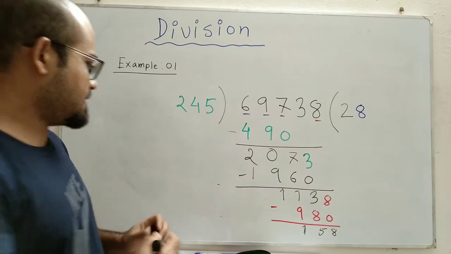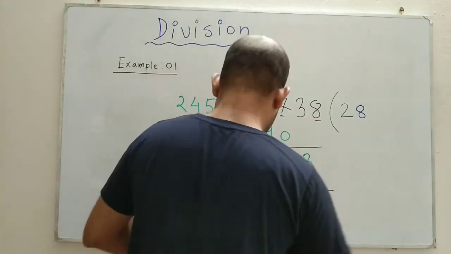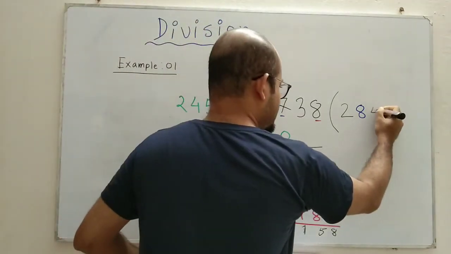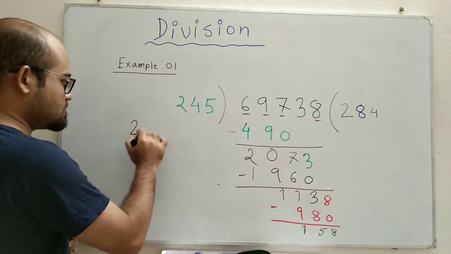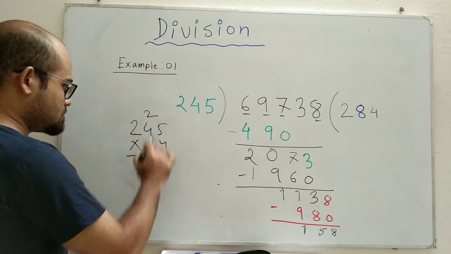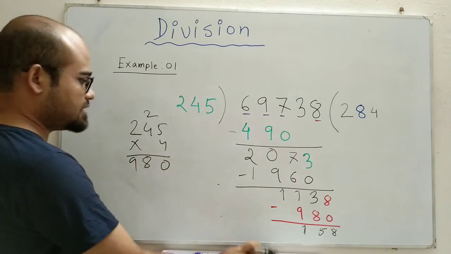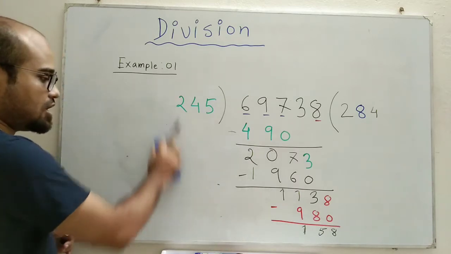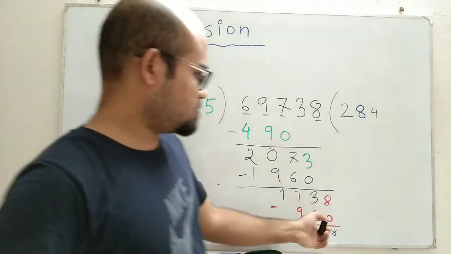Okay, have I missed a step? Yes, I think I've missed this last step. What gives me 980? Probably 4. Let me check it out. Yeah, it gives me 4. Okay, we have reached 158.